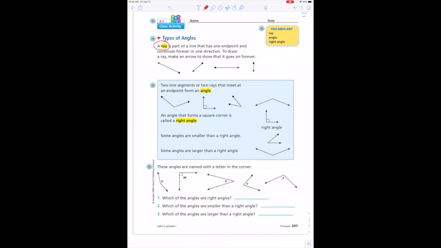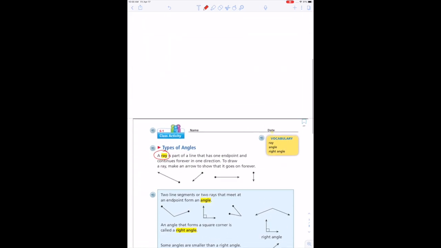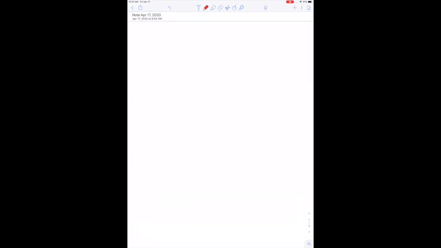A ray is a part of a line that has one endpoint and continues forever in one direction. To draw a ray, make an arrow to show that it goes on forever. So we have an endpoint and we have a line. When we fill in the circle, we end right here at this point, and then we go on and draw an arrow.